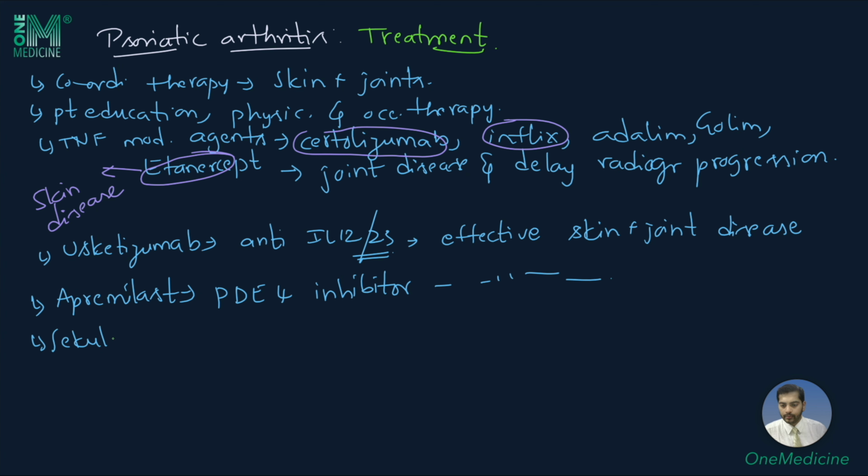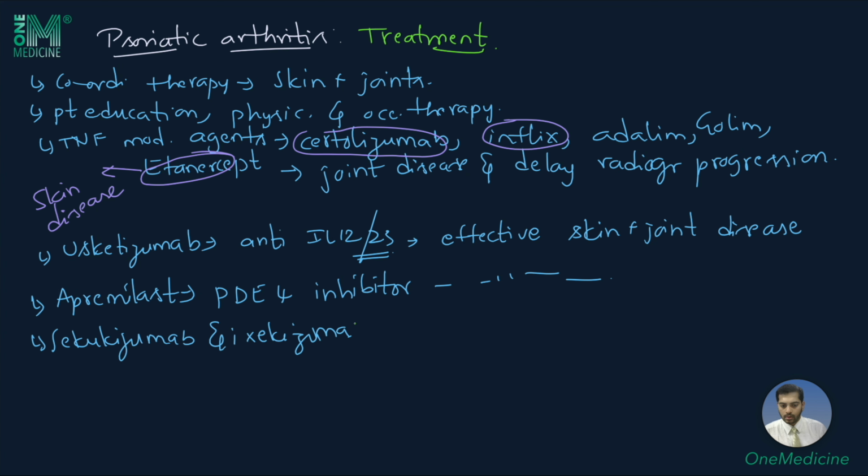Secukinumab and ixekizumab, which are both anti-IL-17 monoclonal antibodies, are found to improve the disease outcomes in psoriatic arthritis, and these can be used in patients with moderate to severe disease.